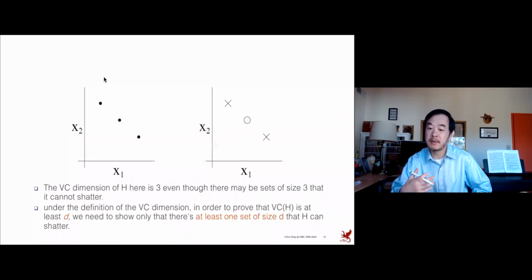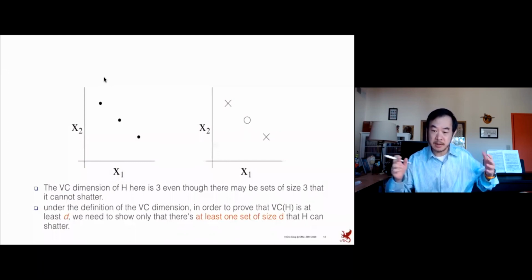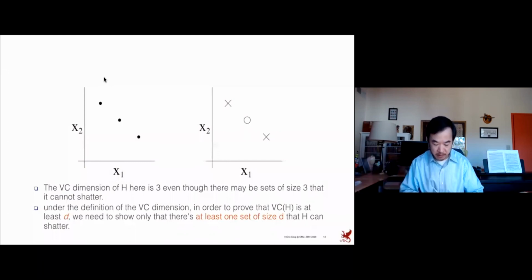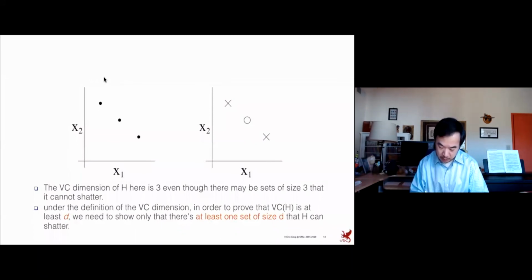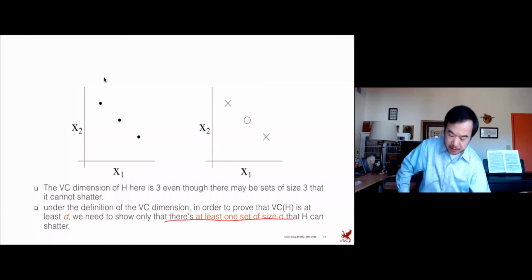You may be finding other ways more appealing to you, but they may be less appealing to others. There isn't agreement. This one is agreed upon. It's very consistent. It basically allows all people to draw the same conclusion in terms of the power of the hypothesis whenever they look at the same data set from different angles. So there is at least one set of the size D that H can shatter.